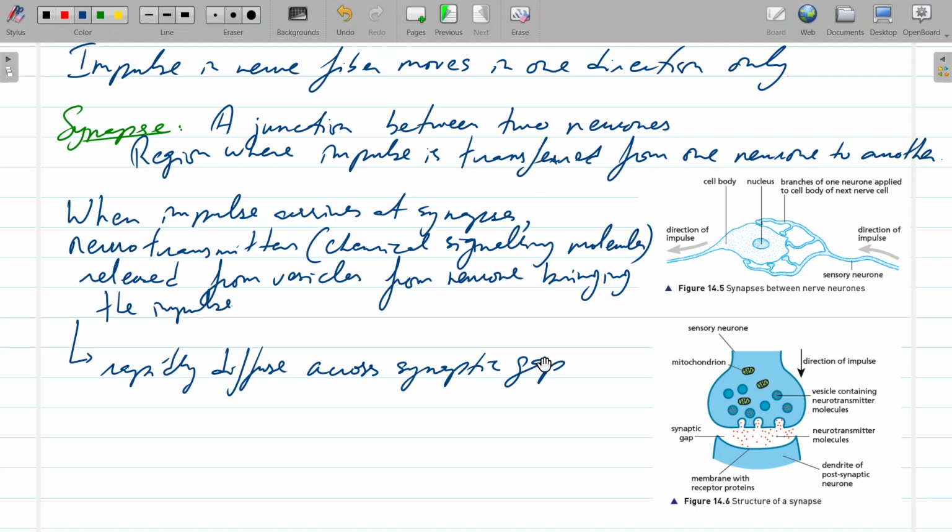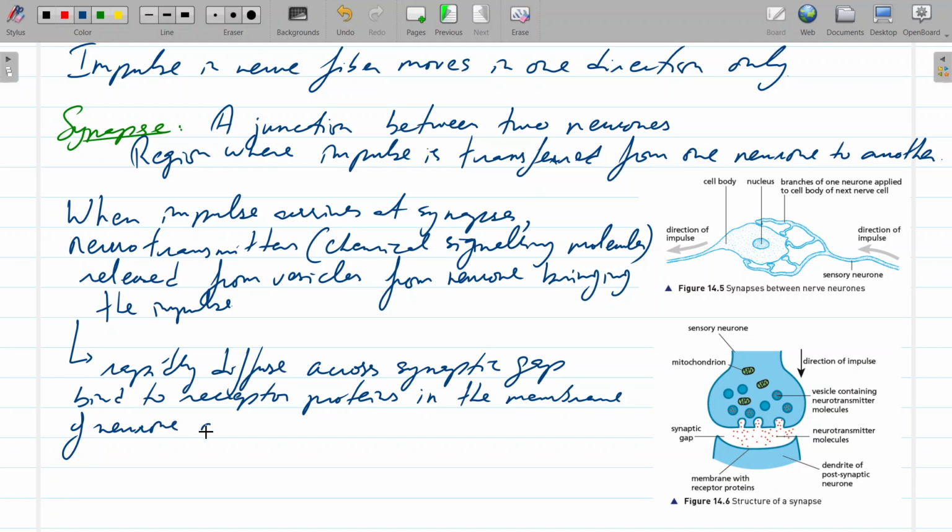Right, and they bind to receptors on the other side of the synapse. So they bind to receptor proteins in the membrane of the neuron on the other side of the synaptic gap.